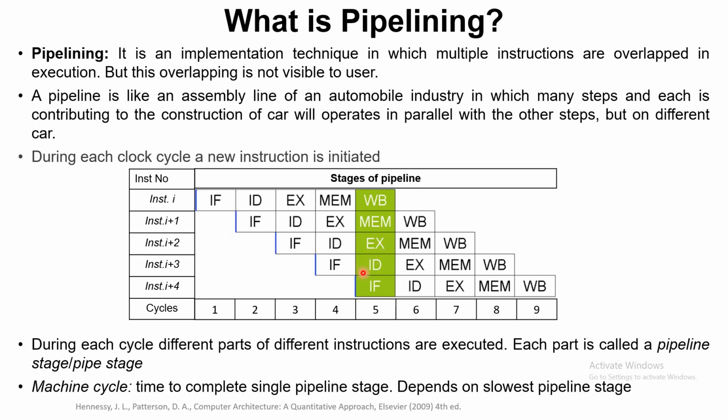Then the decoding part will do the decoding, and the fetching unit of the data path with pipelining will be fetching the instruction I plus 5. Up to the point of the fifth cycle, if we look at this, then each and every stage of the pipelined data path is busy performing one task.